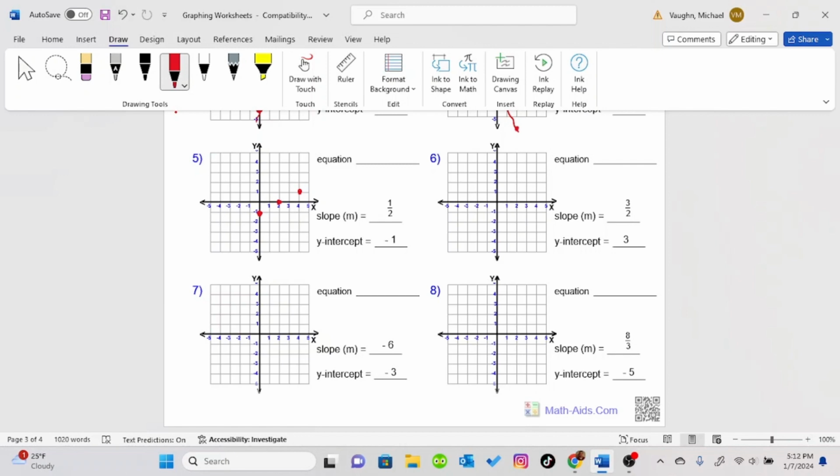If we wanted the previous points, we could do the opposite. We could go down 1, left 2, and down 1, left 2. And now we can connect all the points together. We have our graph, and the equation is y equals the slope x and the y-intercept minus 1.